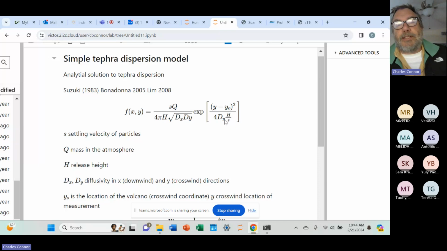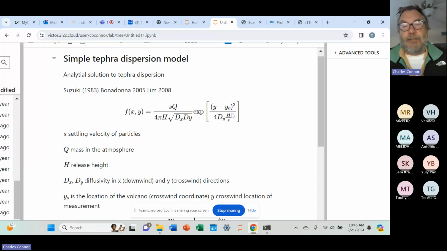So if it takes a long time, if it has a very low settling velocity, you know, 1/10 of a meter per second or 0.01 meters per second or something like that, this denominator is going to become big and particles are going to spread out in a crosswind direction more and more.